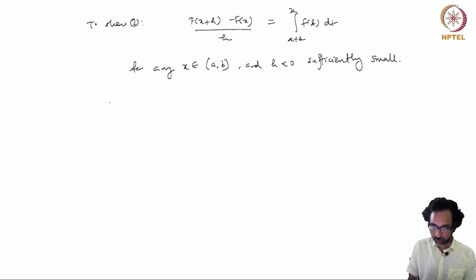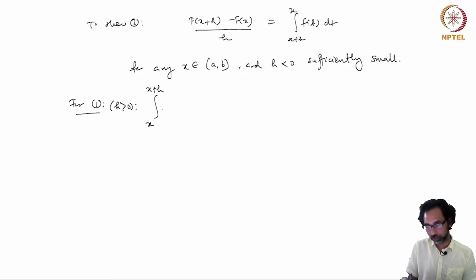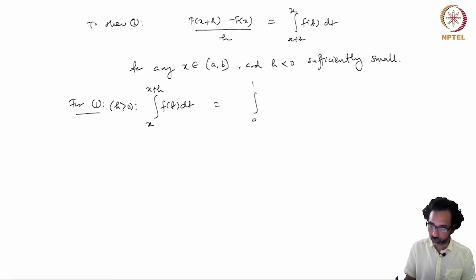So now we can rewrite the first one. So for 1, remember that here h is positive. So the integral from x to x+h of f(t) dt can be written as the integral from 0 to 1 of f(x + ht') dt', and even we can have a 1 over h here.